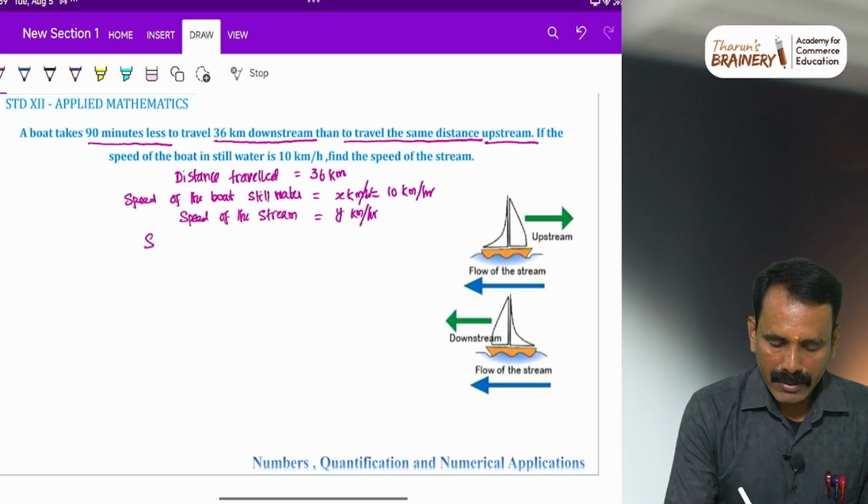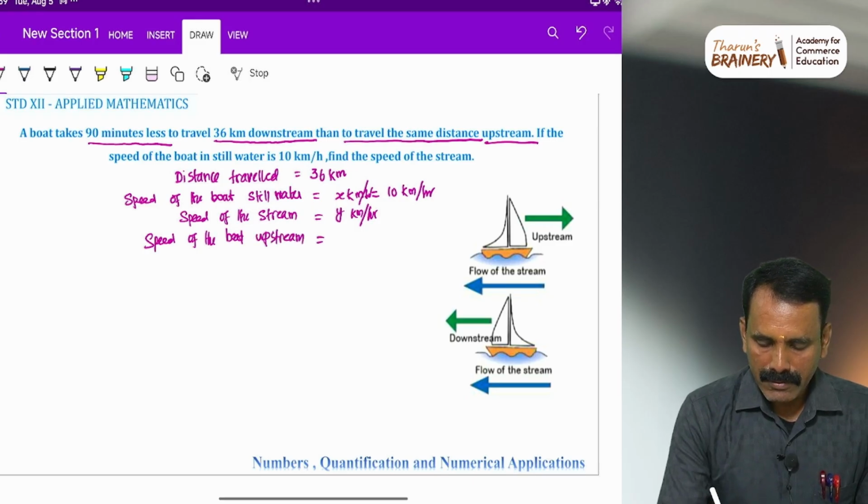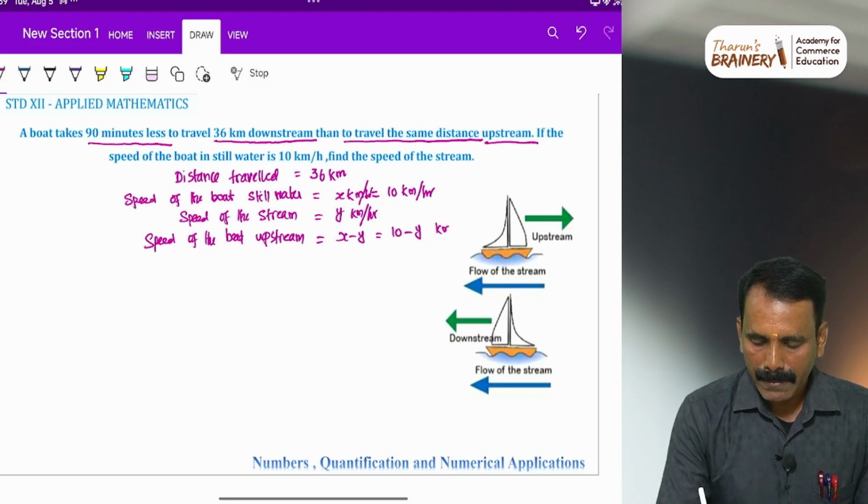Now speed of the boat upstream is going to be x minus y, that is nothing but 10 minus y kilometer per hour.